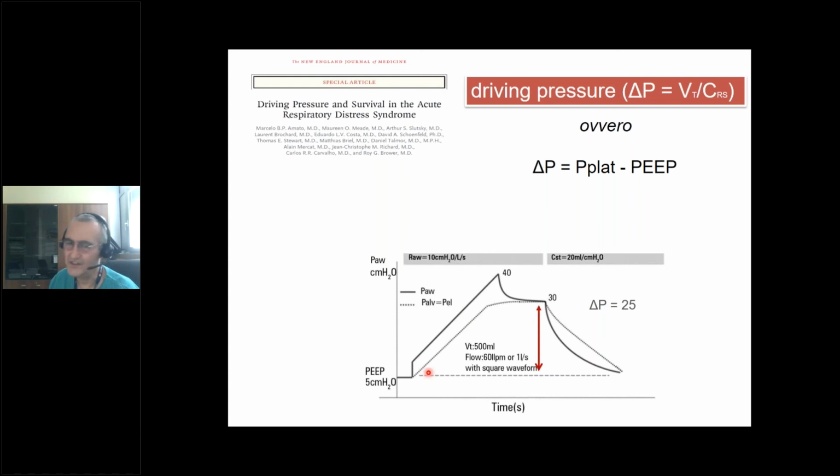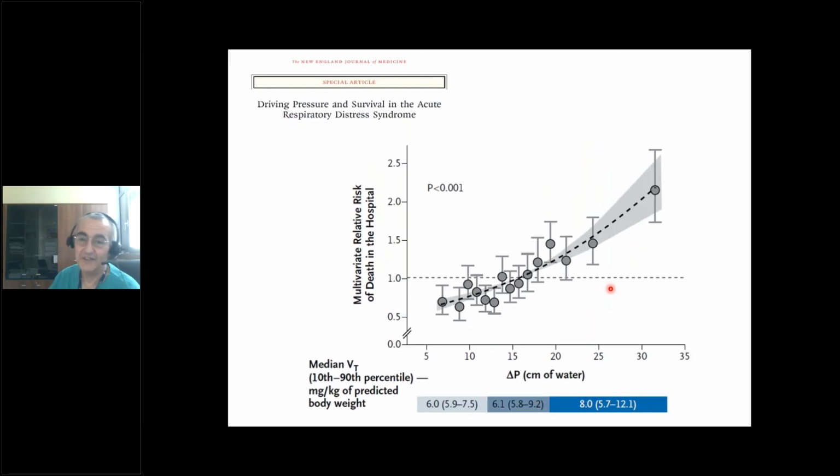Auto PEEP is not an issue in such a patient in the vast majority of cases. In this case, you see a patient ventilated with a plateau of 30, a PEEP of 5. The driving pressure is 25. And this driving pressure of 25 is a bad number. We know it from the study of Marcelo that demonstrated clearly that the higher the driving pressure, the higher the mortality.